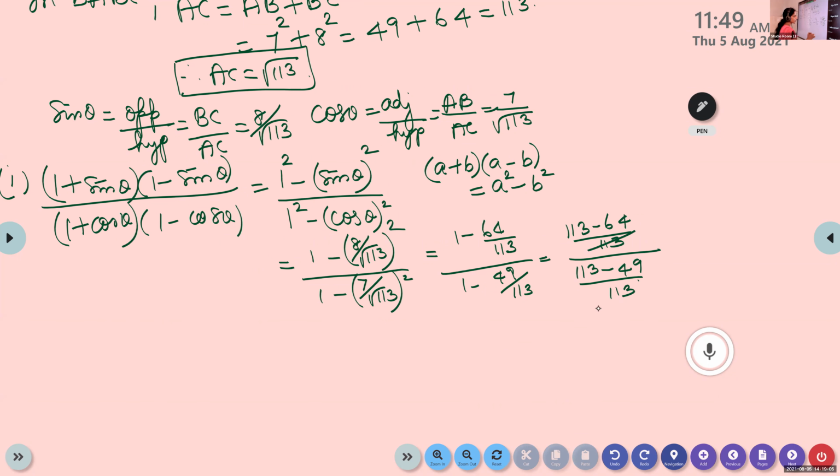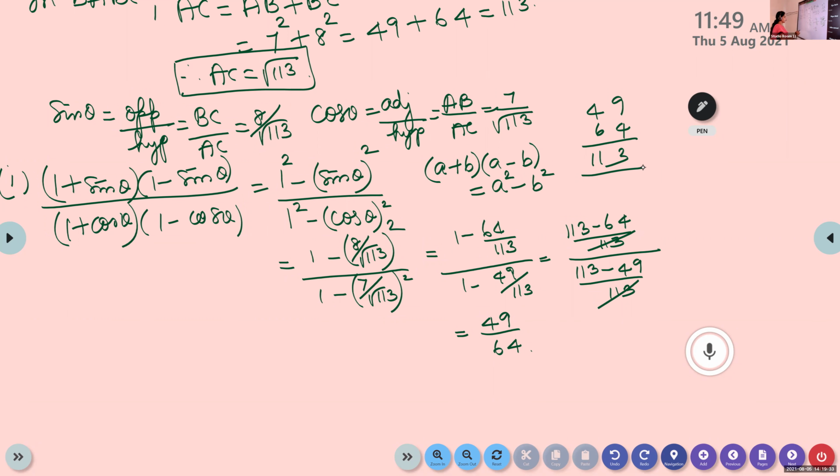The denominators cancel. 113 minus 64 is 49, and 113 minus 49 is 64, because 49 plus 64 is 113. So the answer is 49 by 64.